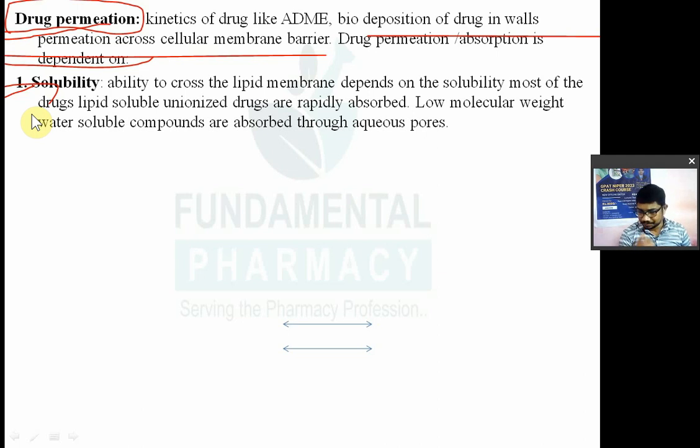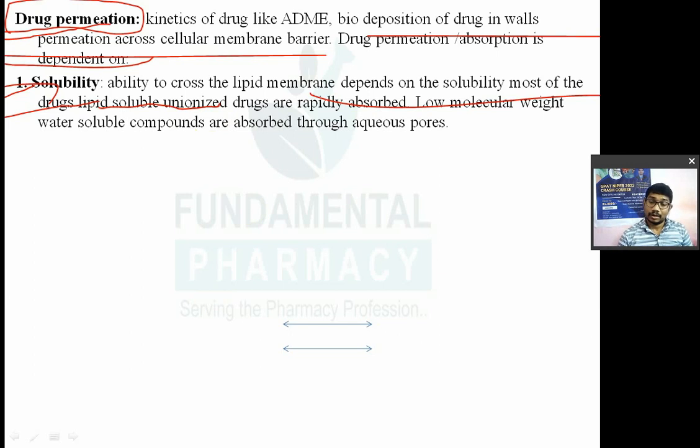Unionized, उनका ionization नहीं होता है. Unionized lipid soluble drugs are mostly absorbed. Okay, low molecular weight water soluble drugs are also absorbed through aqueous pores. जो pore transport होता है उससे low molecular weight water soluble drugs भी absorb होते हैं. But lipid soluble drugs जो होते हैं, they are in the unionized form. They are mostly absorbed, or they can easily cross the biological membrane. So that's why solubility is very important.